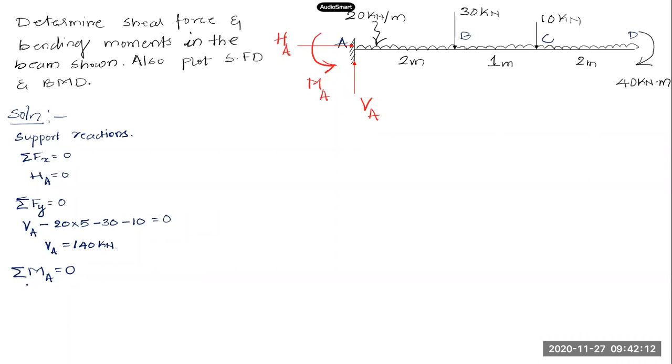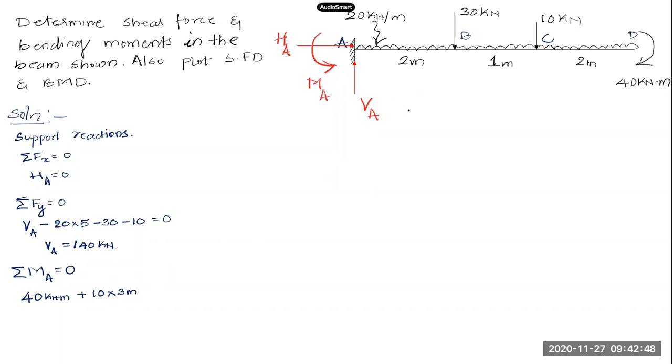So here, summation of moments about A. If I take that, I'll move from this end D. There is a couple applied in clockwise direction, so that is the 40 kilonewton meter couple. Plus, due to this 10 kilonewton load, the moment is this load 10 multiplied by the distance, 1 plus 2, 3 meters, so into 3 meter.